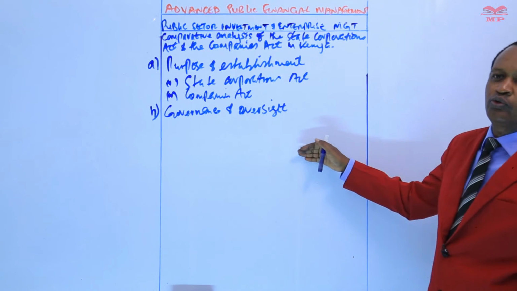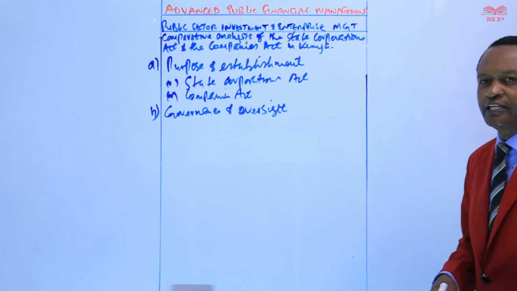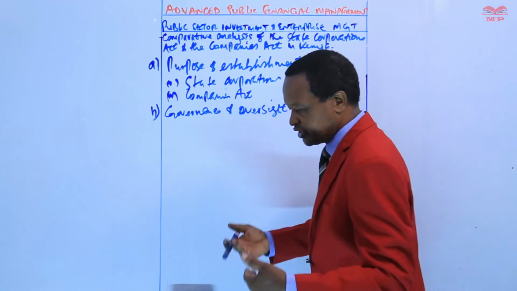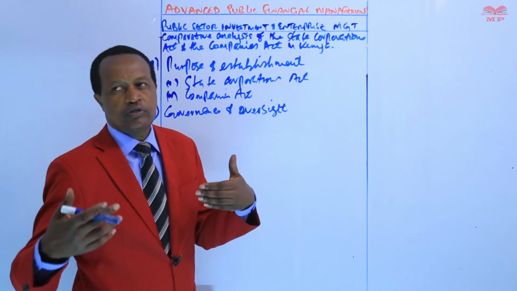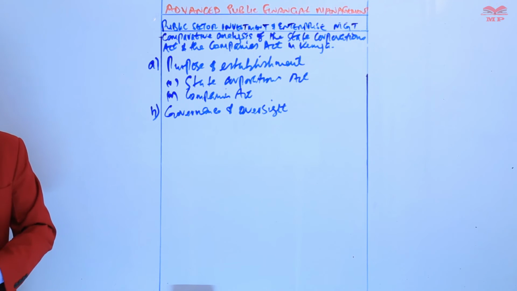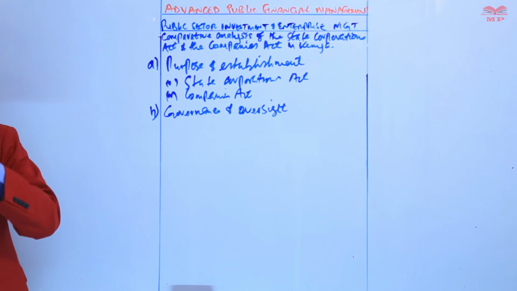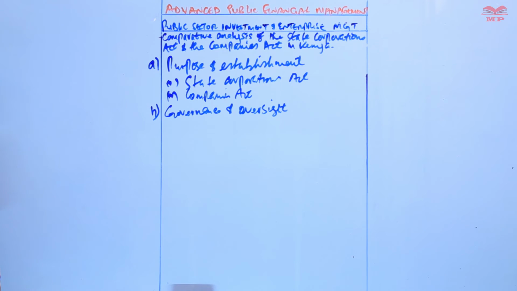It also establishes oversight bodies like the Inspectorate of State Corporations and the State Corporations Advisory Committee, which play roles in monitoring performance, advising the president on establishment and dissolution, and also ensuring adherence to government guidelines.